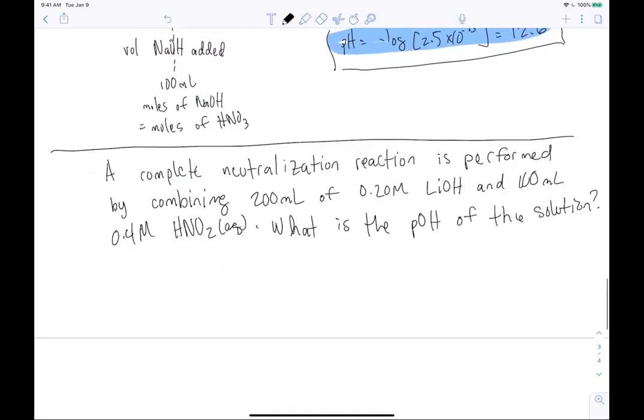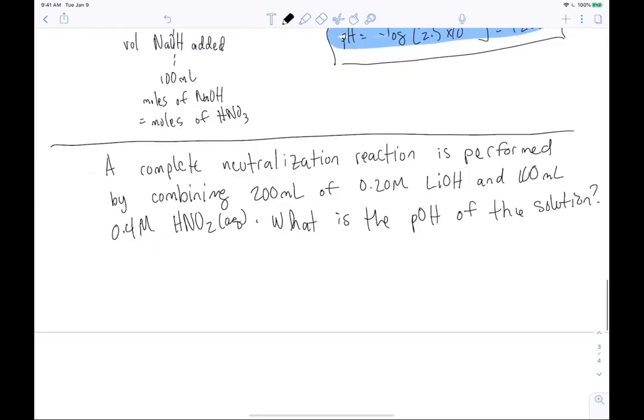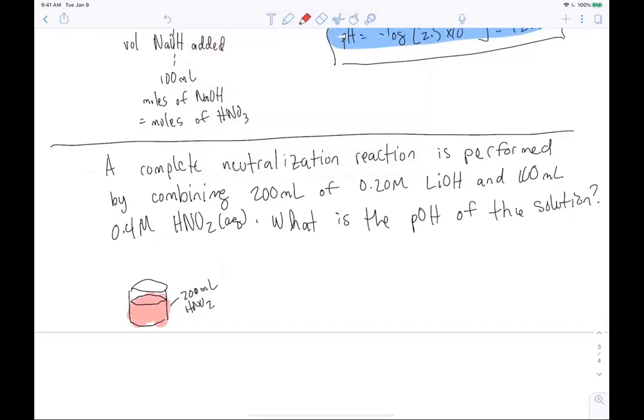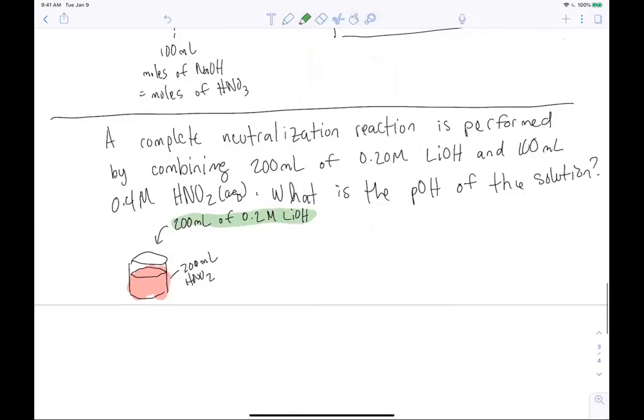It's as if you had nitrous acid in a little beaker, 200 mils of HNO2, and then I'm, in a sense, titrating in 200 milliliters of 0.2 molar lithium hydroxide. So the only difference is I'm not calling it a titration. I'm not setting it up in an incremental way, but it's essentially the same idea.